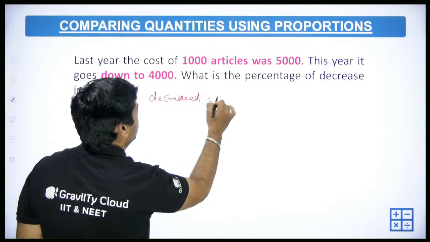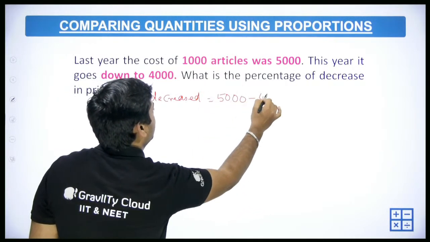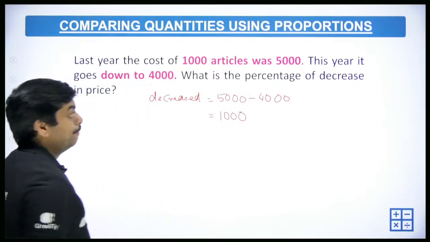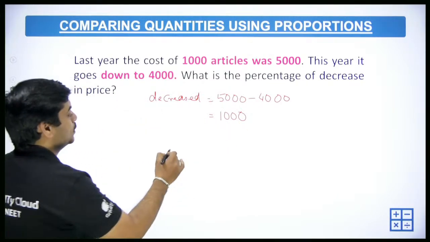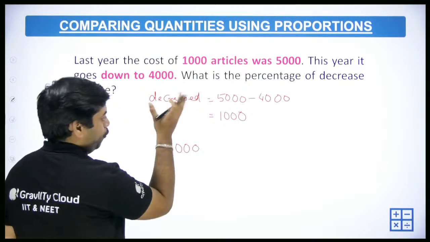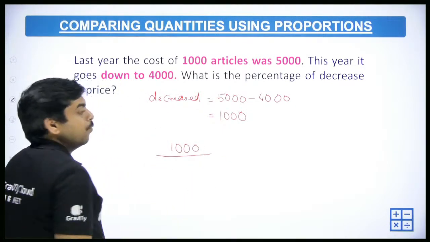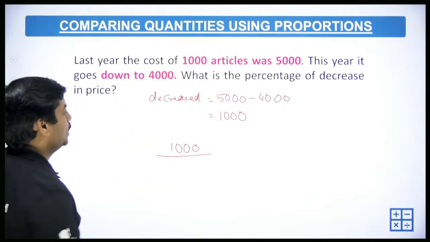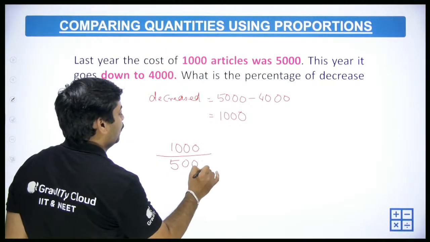Actually it should be 5000, now it is 4000. So 5000 minus 4000 is 1000. So percentage of decrease means 1000 by what it used to be there, the actual amount, 5000, into 100.